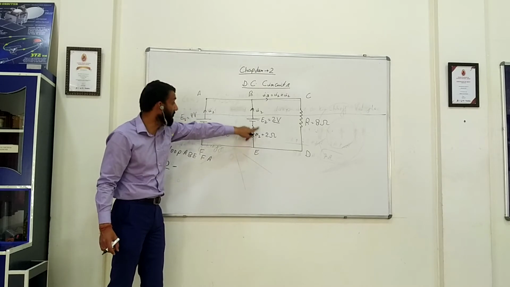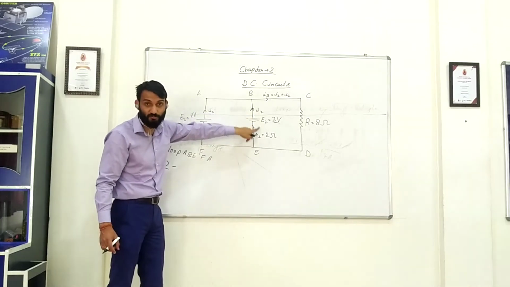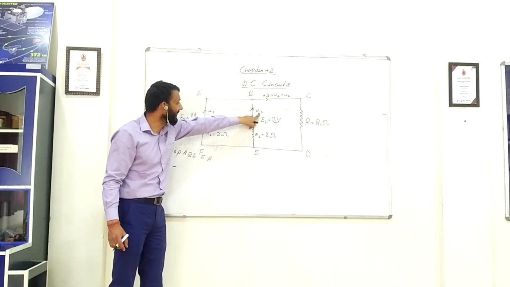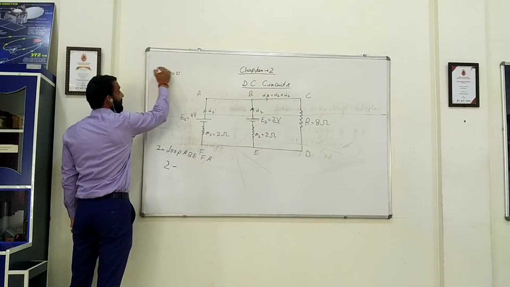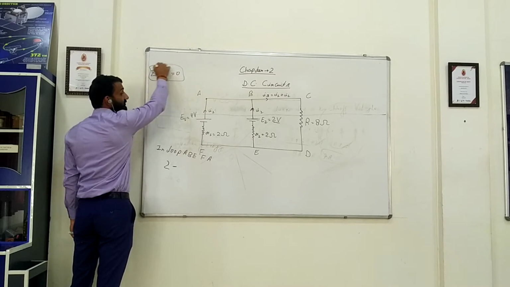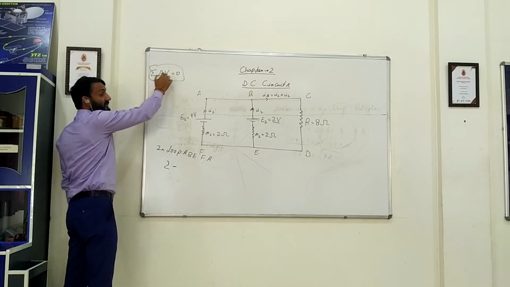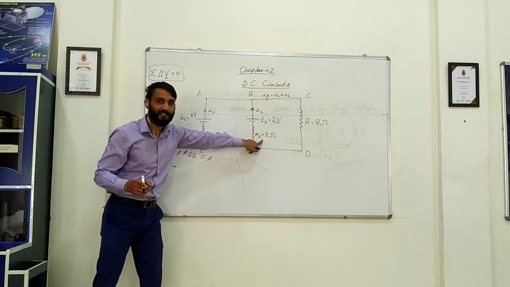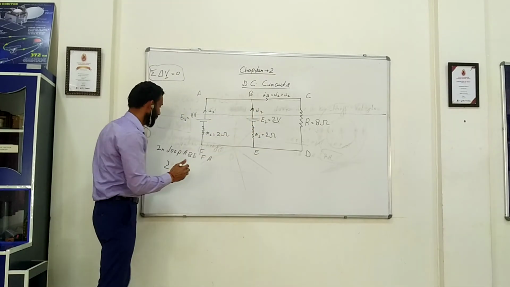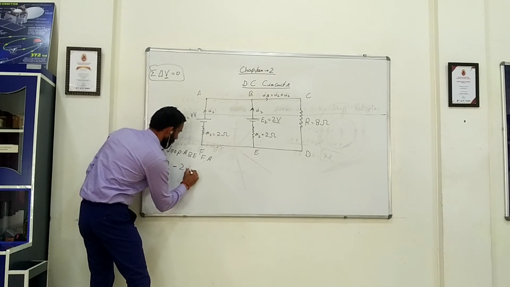Which current is passing through R2? Obviously I2. So I will multiply this resistance by the current. Remember, summation delta V equals 0, Kirchhoff's second law. Potential is always calculated by multiplying the current with the resistance. So this will be 2 minus 2 I2.